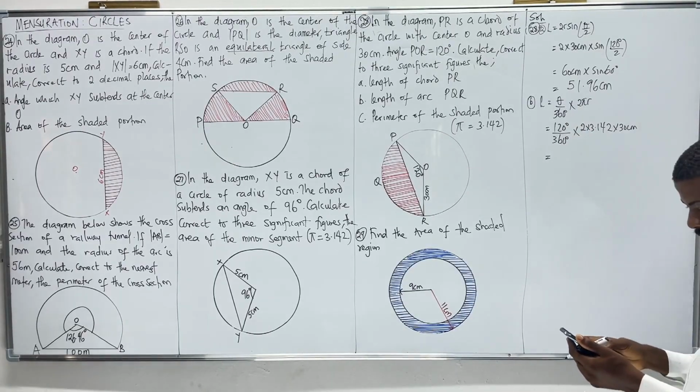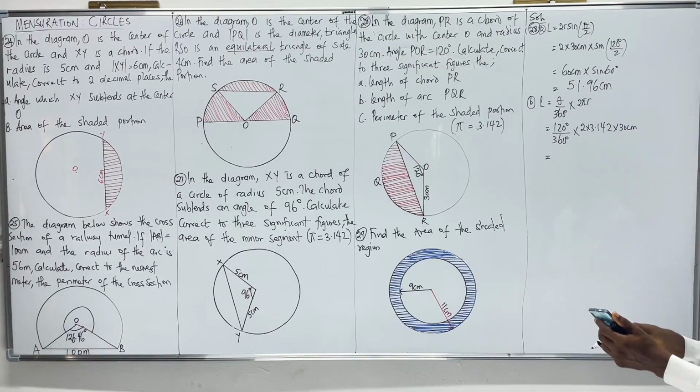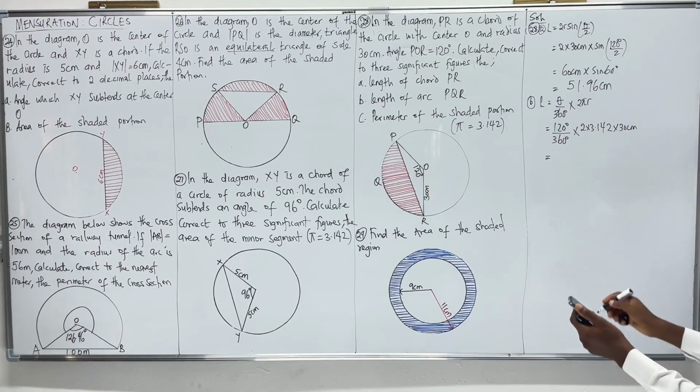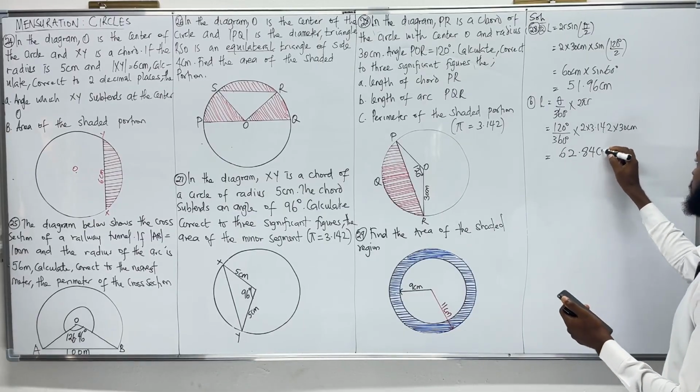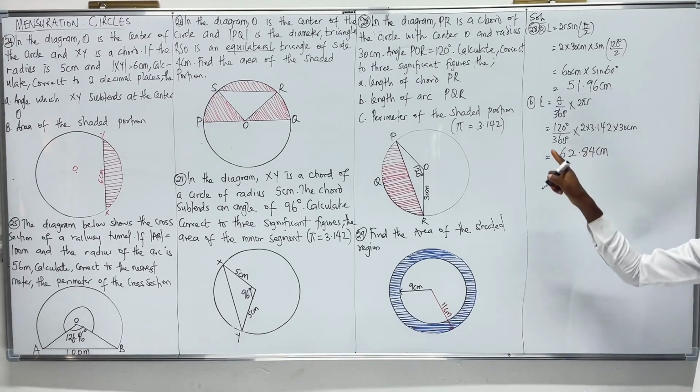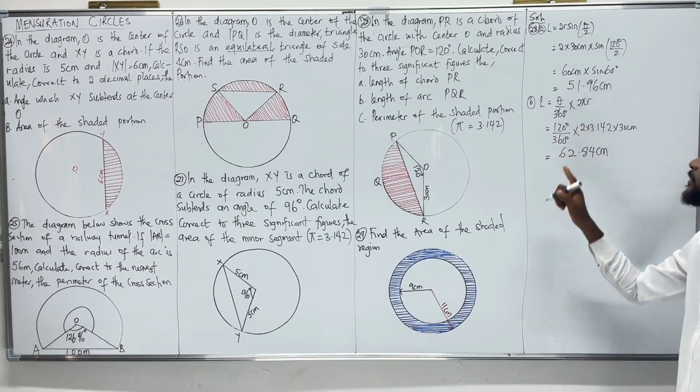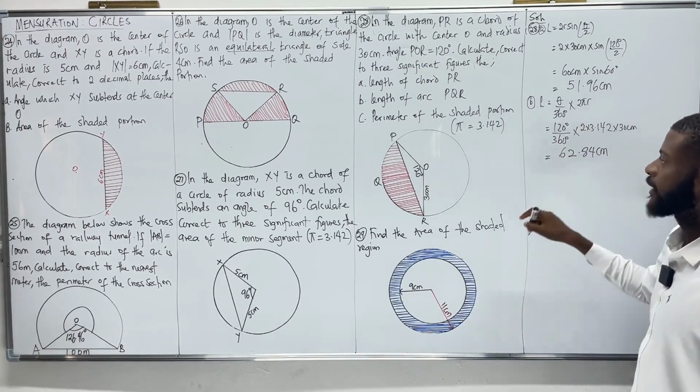But okay, so that's 1/3 times 2 times 3.142 times 30. So this will give 62.84 centimeters. So that's the length of the arc.